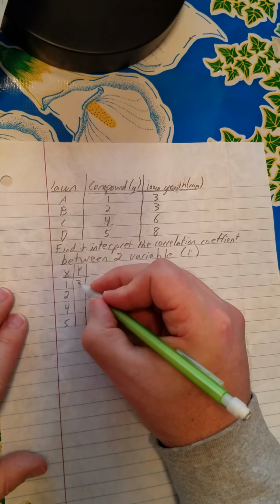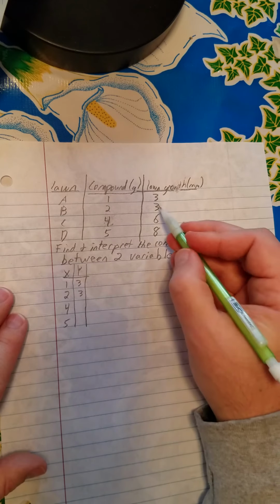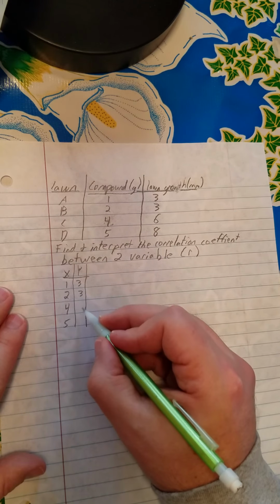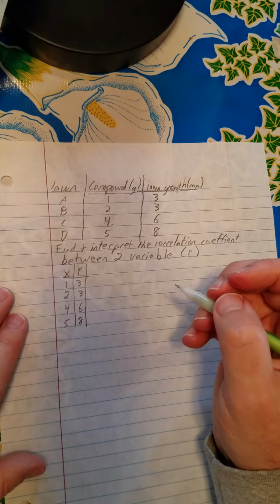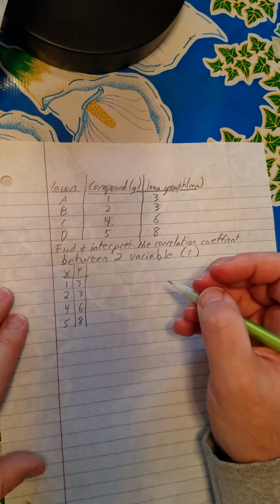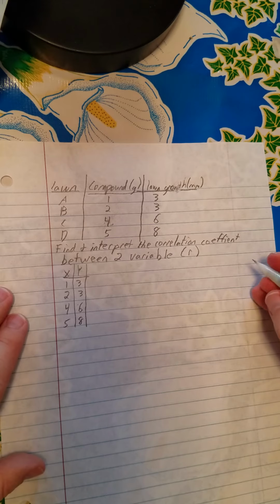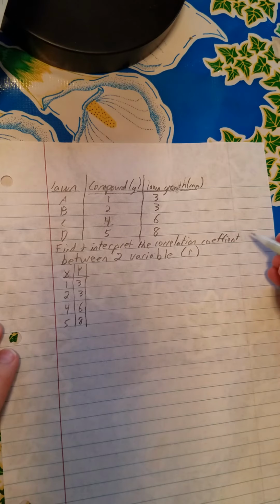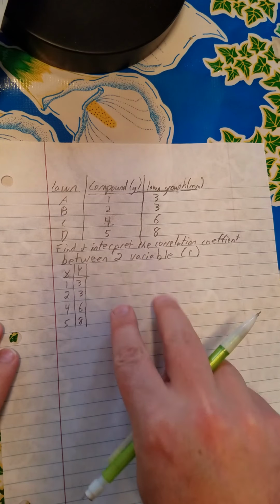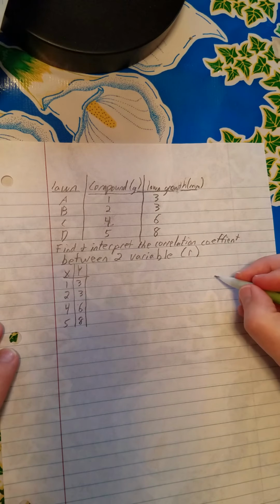The second one we call Y, and this would be the growth. Now if we go back to the formula, let's see where I can write this. Right away over here. We are going to have about 3 or 4 more rows, so leave some room.